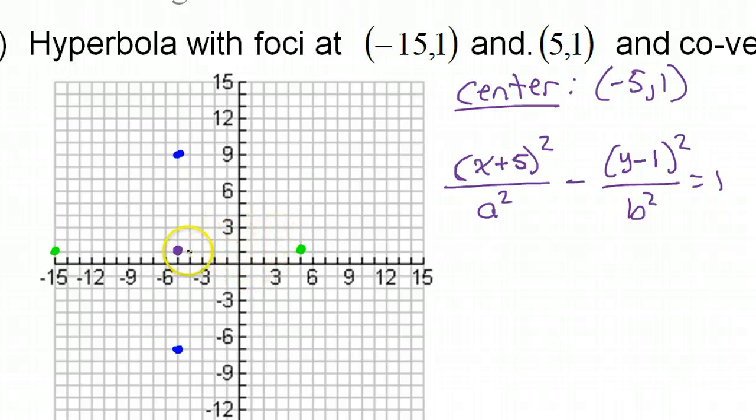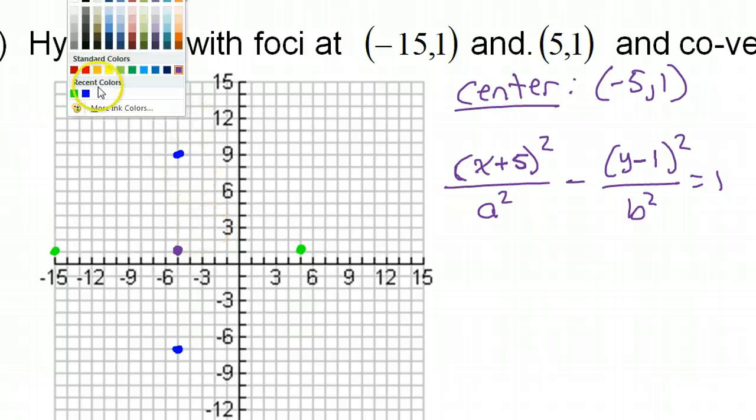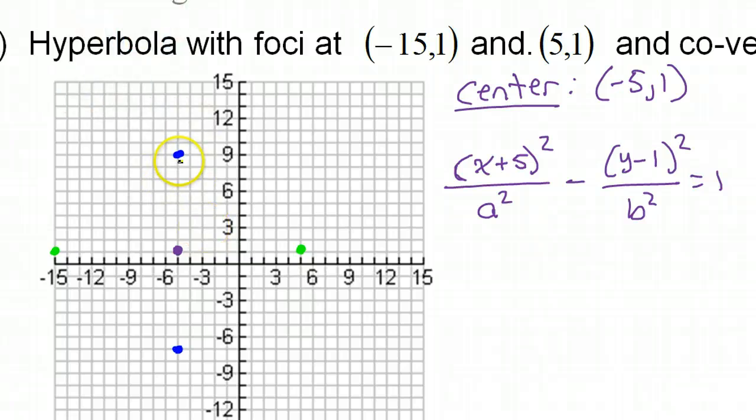Now, the b value. I can do the b value right now because the b value is right here. Okay, the distance from the center to the co-vertex, that's your b value. So that tells me that b is equal to, what do I have here?